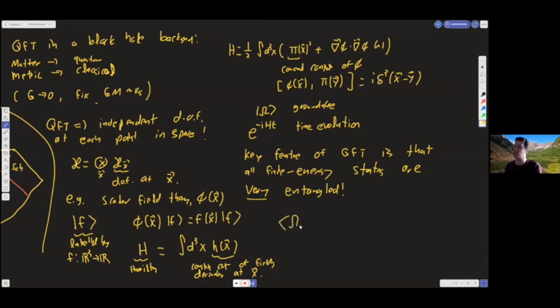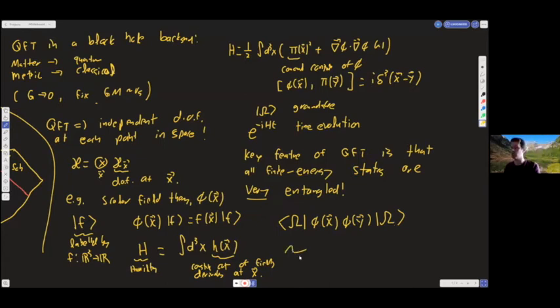If you just look at the two-point function of some scalar field in the vacuum, you just take the expectation value of the product of two. That's a correlation function. It tells you how correlated the fluctuations of phi of x and phi of y are.